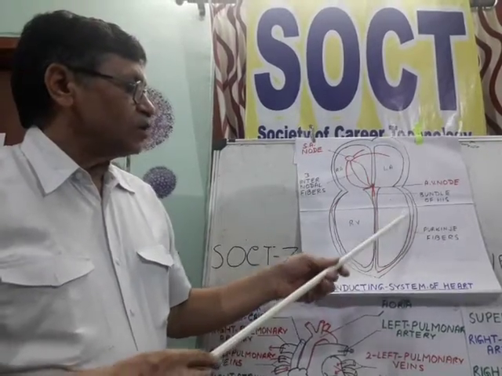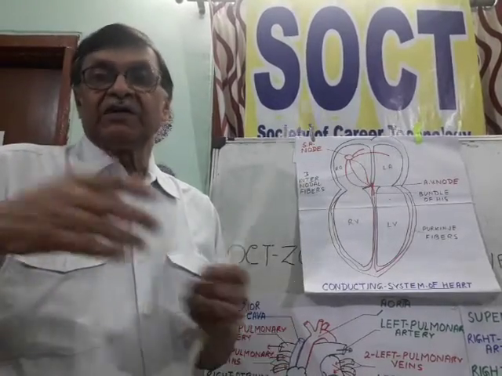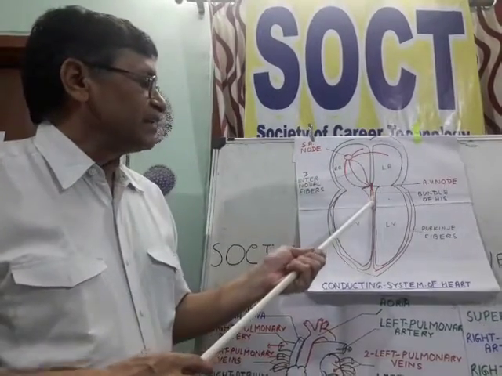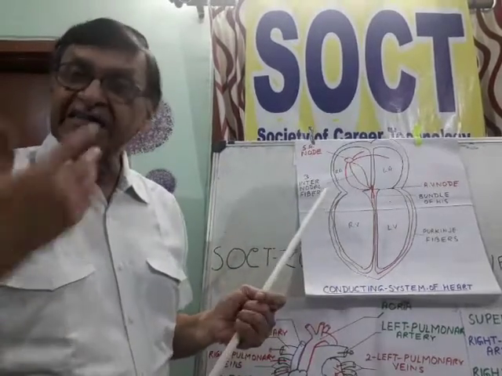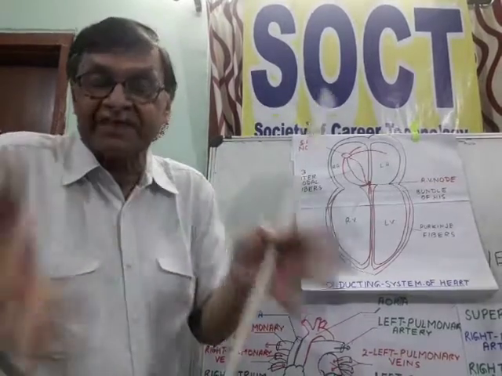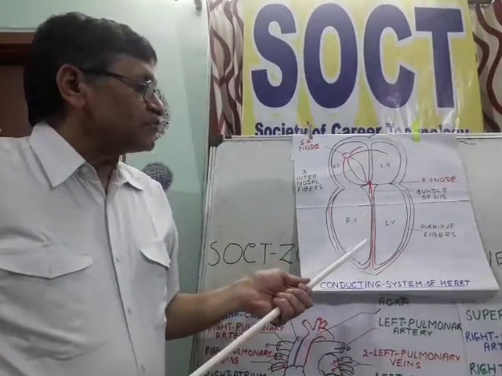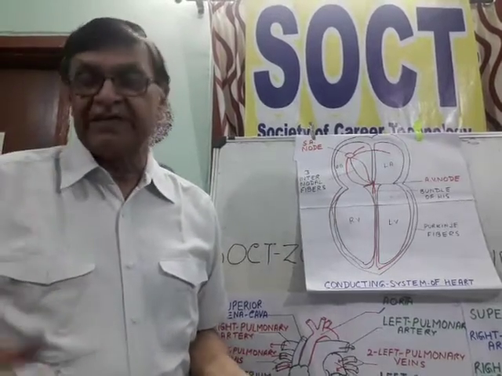Here the speed is again increased and the message is carried to both walls at the same time, and the walls of both ventricles contract at the same time. So this way the conducting system is very beautifully regulated.